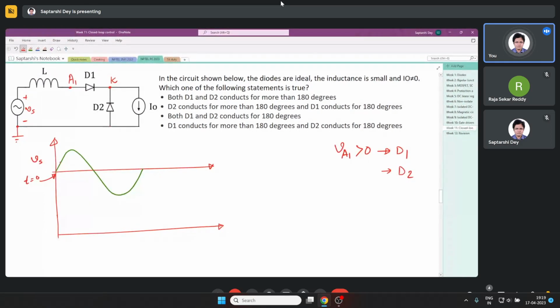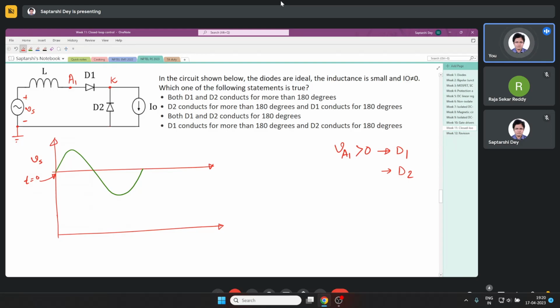Now as soon as Vs starts increasing, the inductor is getting a positive voltage. If the inductor has to conduct, D1 must turn on.